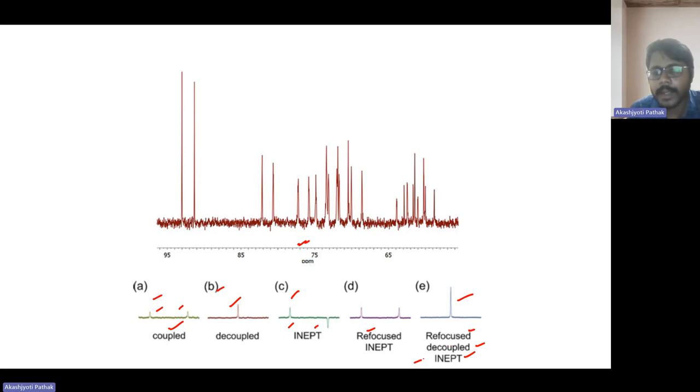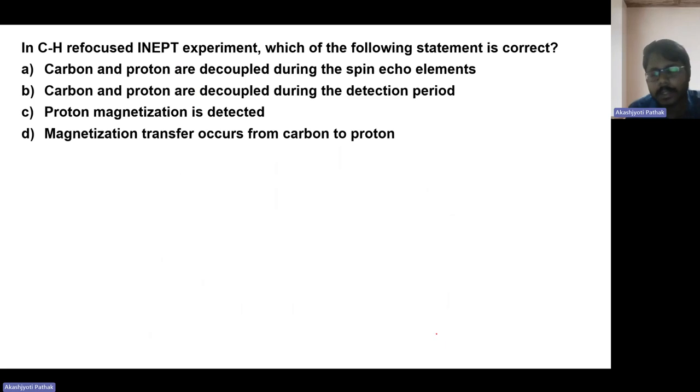But because of the INEPT sequence that we discussed just now, it will result in the magnification of the initial intensity signal. So that is the advantage, the sensitivity increases because of this experiment.